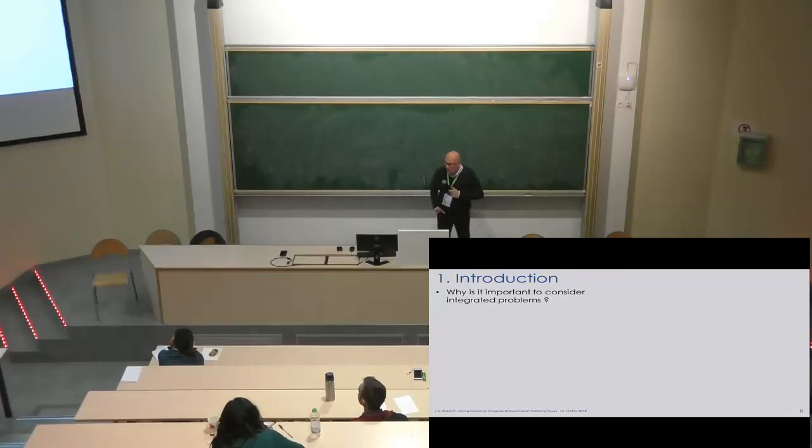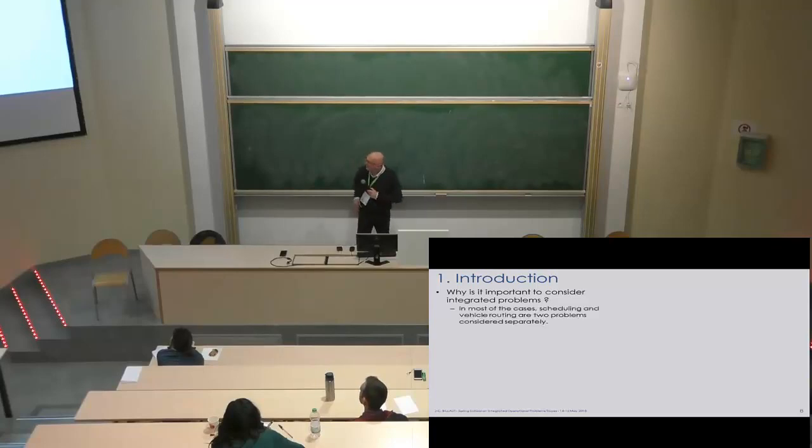So the question is, why is it important to consider integrated problems, and what is an integrated problem? I will show the integrated problems in section 4, but why is it important to consider this sort of problem? In most cases, scheduling and vehicle routing are two problems considered separately.